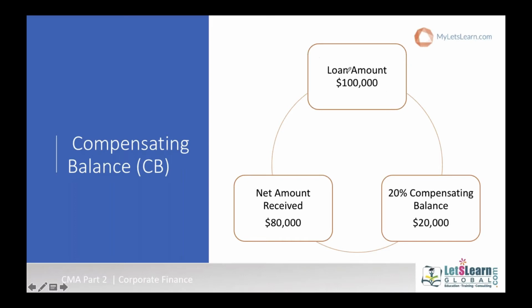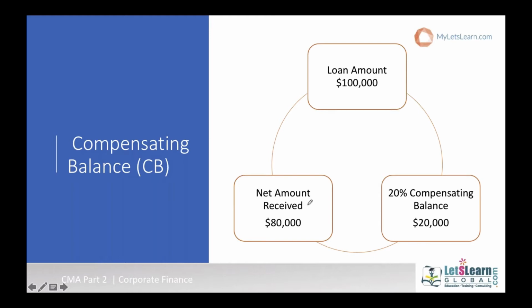Suppose a bank disbursed a loan of 100,000, and the bank policy is to maintain a compensating balance of 20,000. So out of a loan amount of 100,000, the bank holds 20,000 and disburses only 80,000.